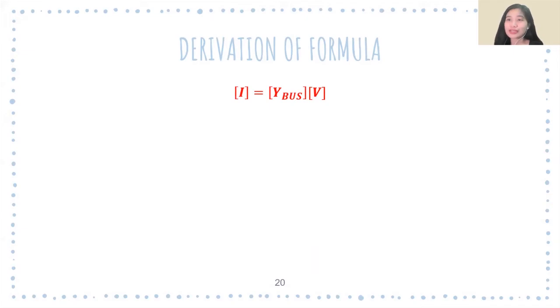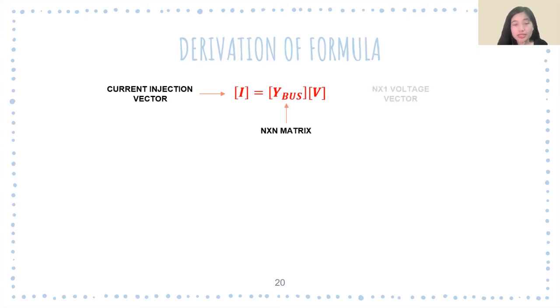We shouldn't forget actually, because it is going to be applied hanggang sa pinakadulo ng ating discussion. Because I equals Y bus times V, or basically just current is equivalent to our Y times our voltage. So this is the current injected vector, and this is going to be our n by n matrix, and this is going to be our n by 1 voltage vector.